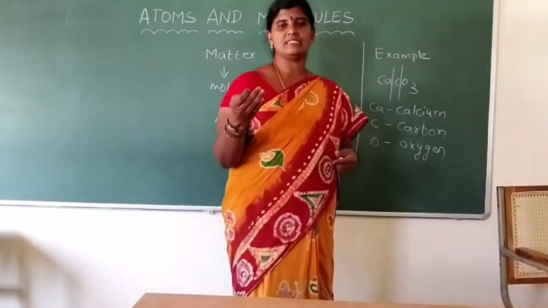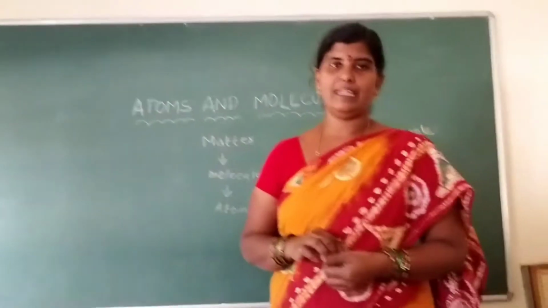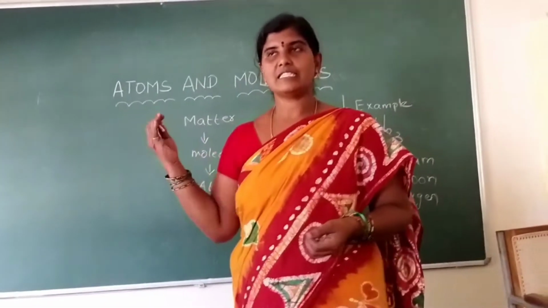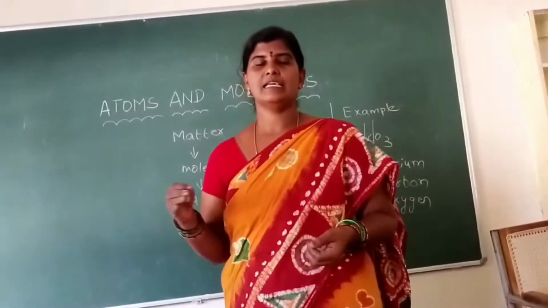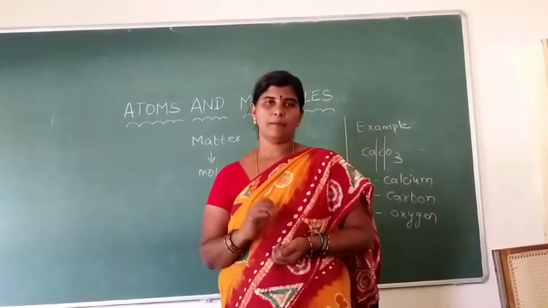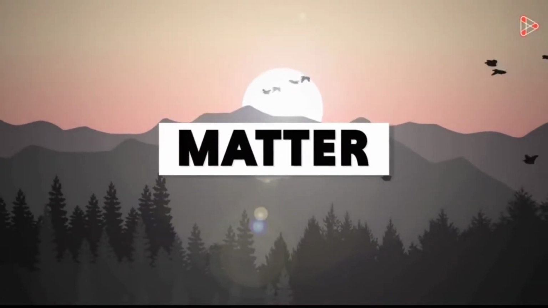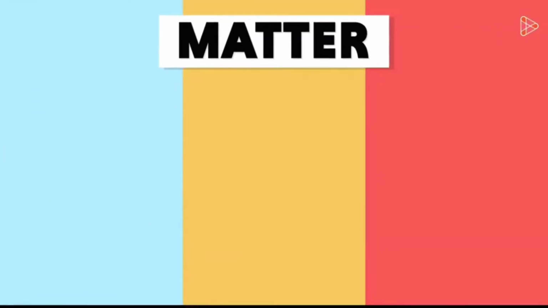In previous classes, we learned these types of particles called Anu and Paramanu. What we see and feel around us is usually termed as matter. By now, we even know that matter is classified into three major states.